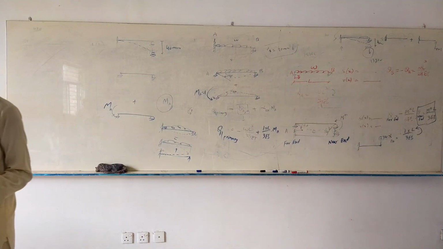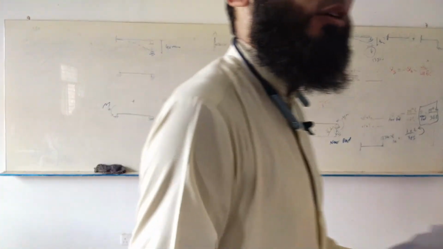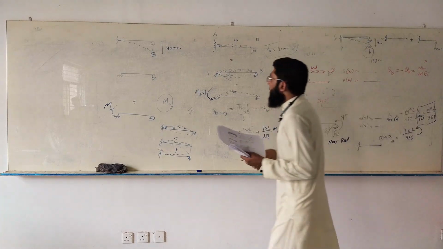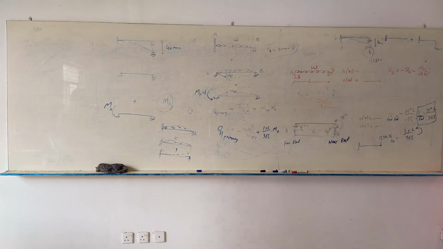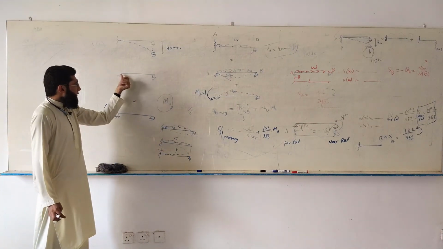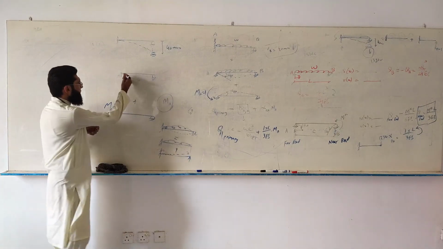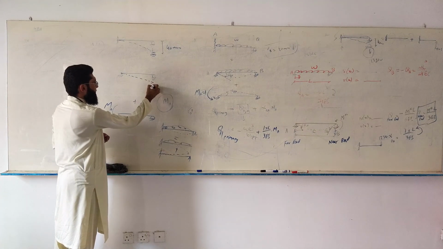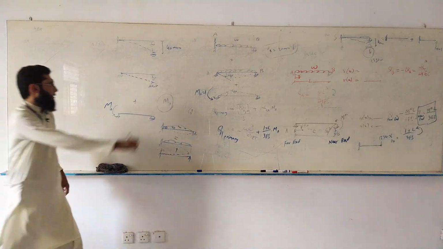In the primary structure, will you have any applied loading, any UDL, any moment, any point load? No? Agree? Yes. But we are saying that there is a 40 millimeter displacement at its end. It means this particular primary structure is going like that, 40 millimeters down.